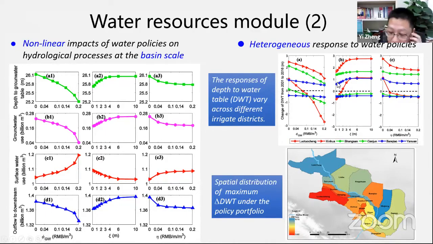We can see that the response of depth to groundwater table varies across different districts. The lower figure illustrates the spatial distribution of the maximum change in depth to water table under the policy portfolio. So these results show that the integrated HEIFLOW ABM model is a very powerful tool to evaluate a variety of water management policies.